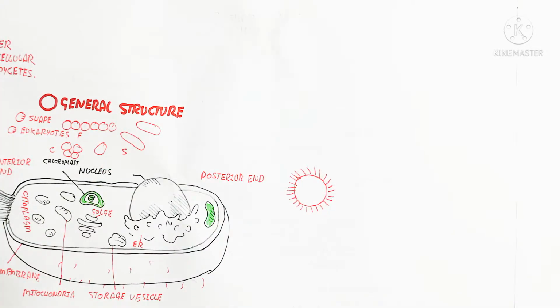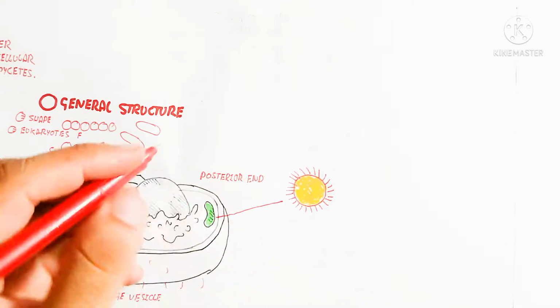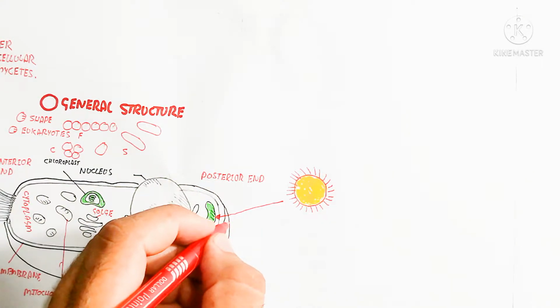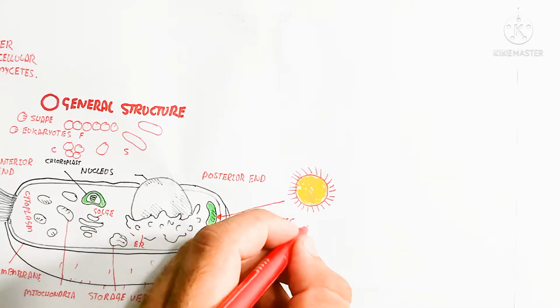On the other hand, let's understand nutrition. The autotrophic lifestyle contains a storage vesicle, which is the food storage part.